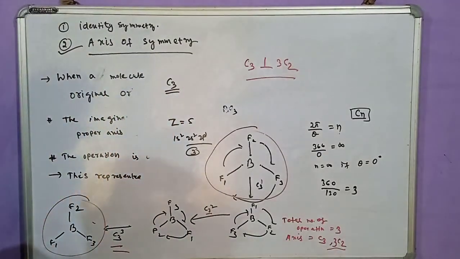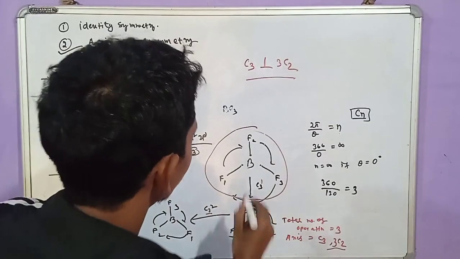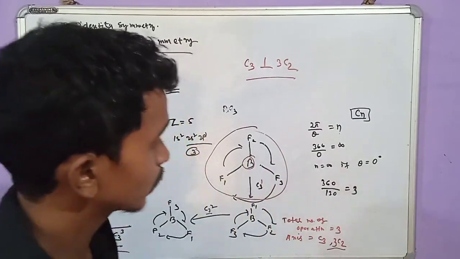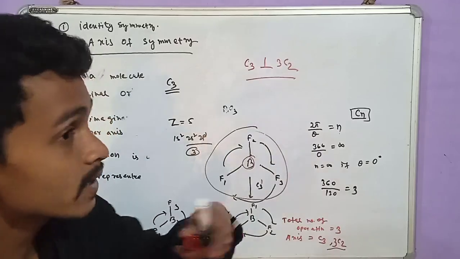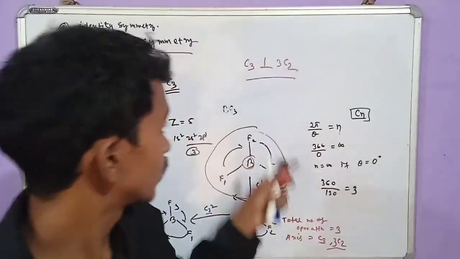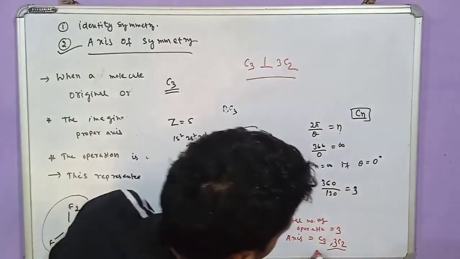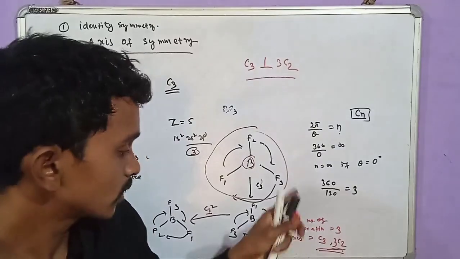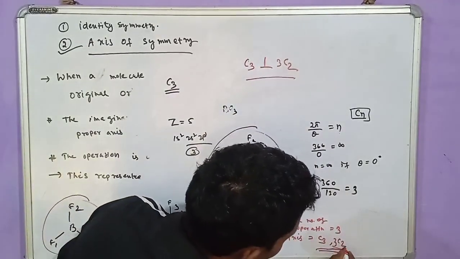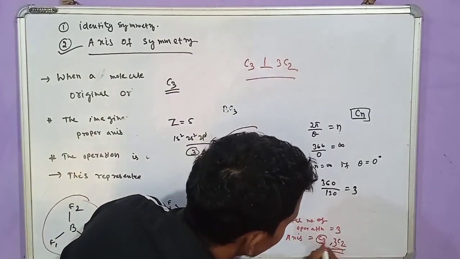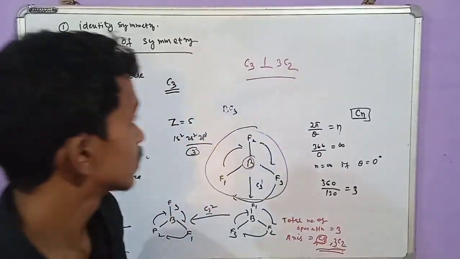Okay, and now one thing you have to note: the principal axis is the axis which has the highest order. The highest order is called the principal axis. So here two axes are present, and here the order is 3, here the order is 2. Which is highest? This is highest, so this will be considered the principal axis.